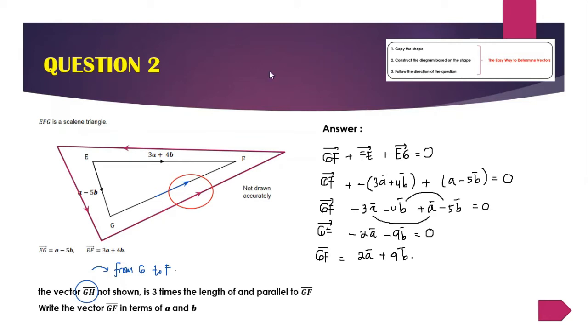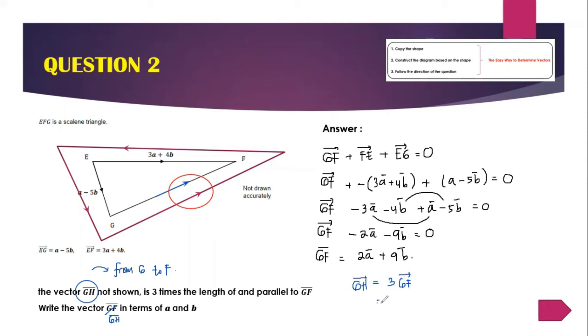Okay, very good. The next is the factor GH. Factor GH not shown is 3 times the length of and parallel to GF. Sorry, the next question is not GF but GH. Again, factor GH is 3 times factor GF. Okay, very clear.